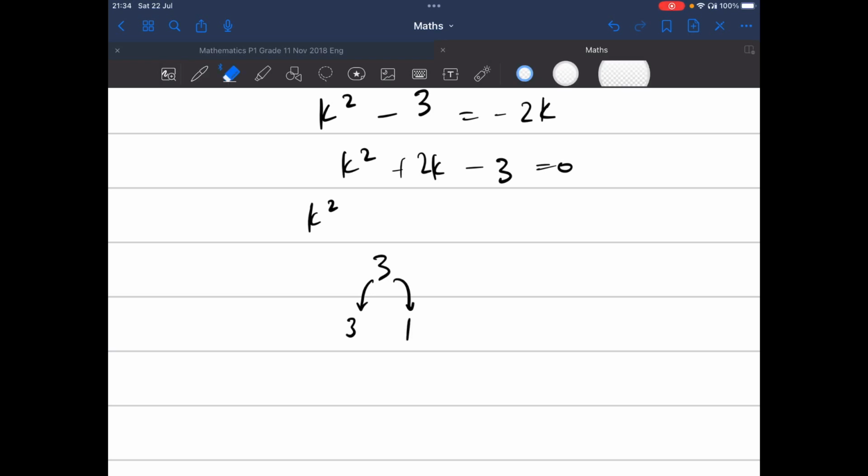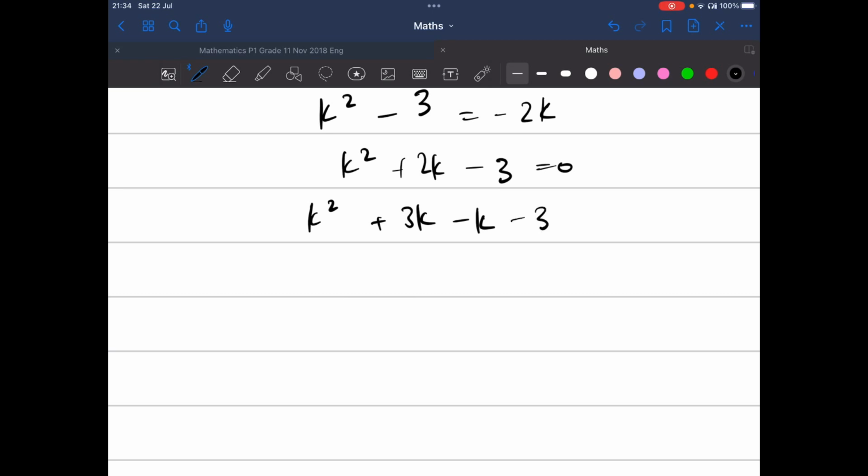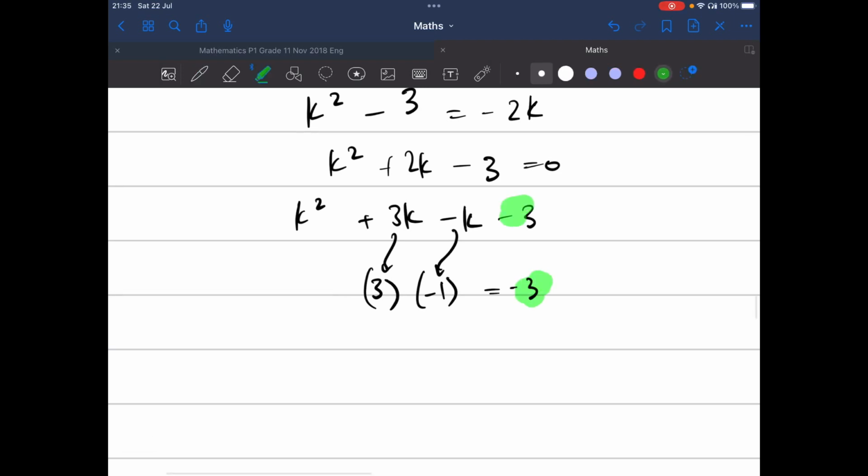It's a prime number. Okay, so that means that the only factors we can think of would be 3 and minus 1. So if you look at that now, if I take 3 and multiply it by minus 1, I'll get minus 3. And if I take 3 minus 1, I'll get 2.